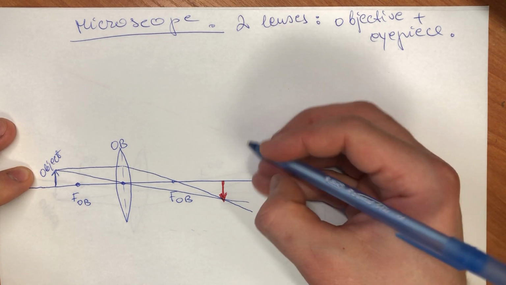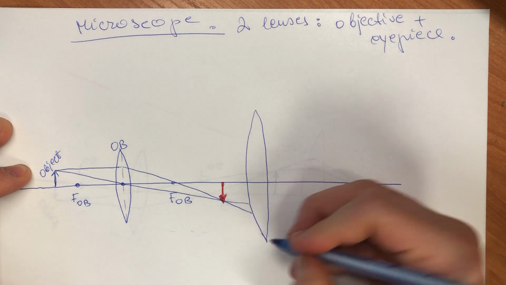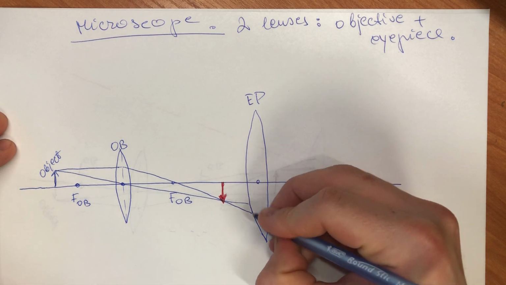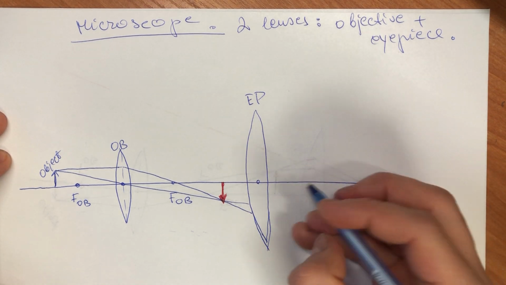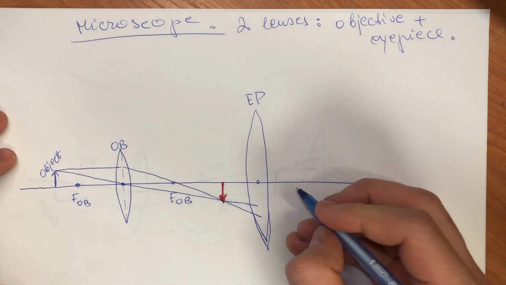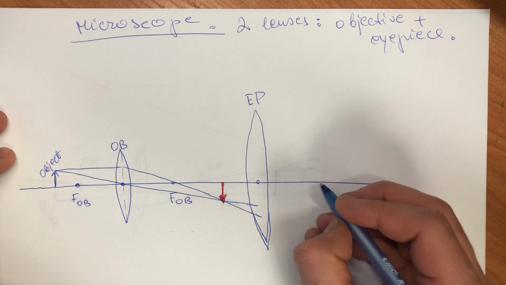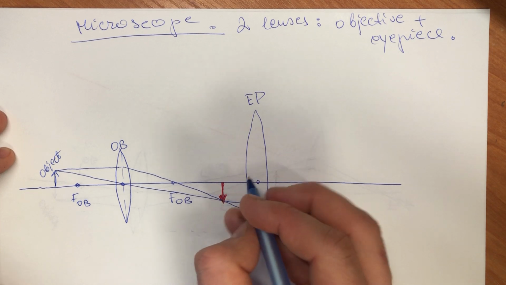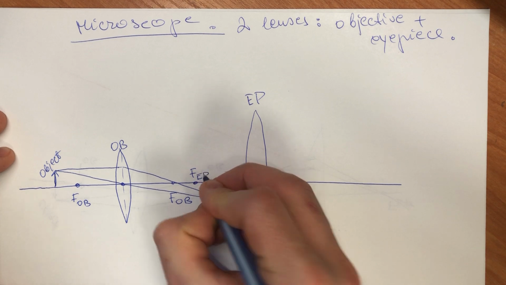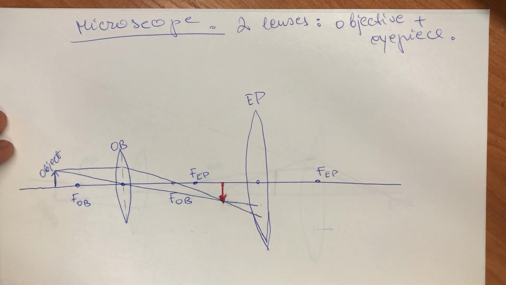Now we have the second and bigger lens, this is the eyepiece, let's call it EP. This is organized in such a way that this would be F eyepiece, and it would be the same here, F eyepiece.